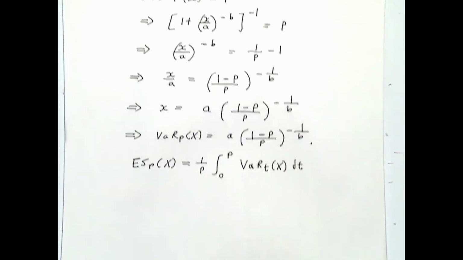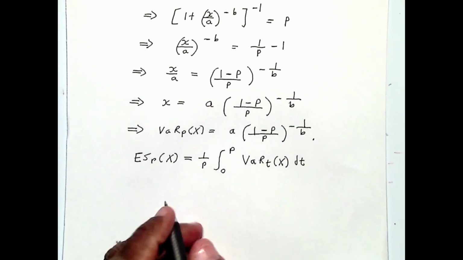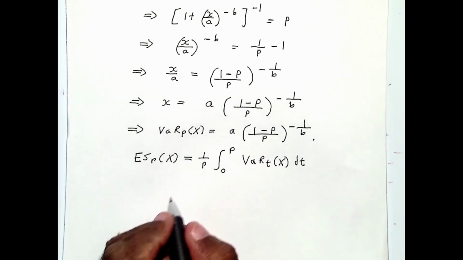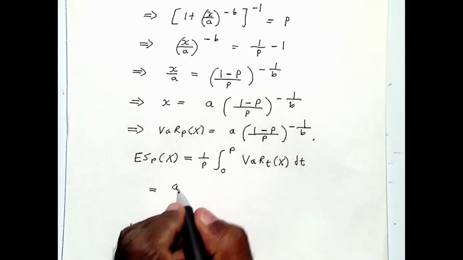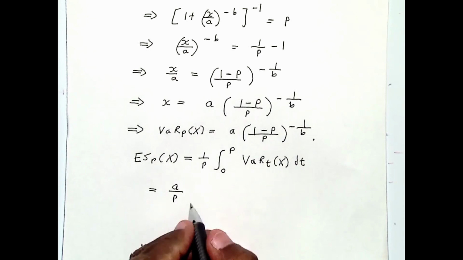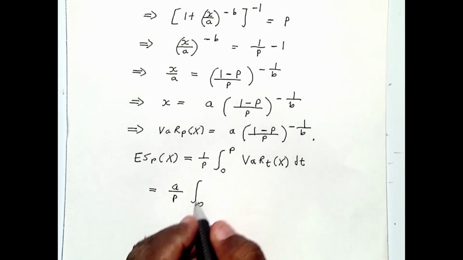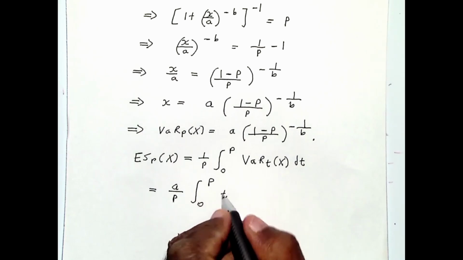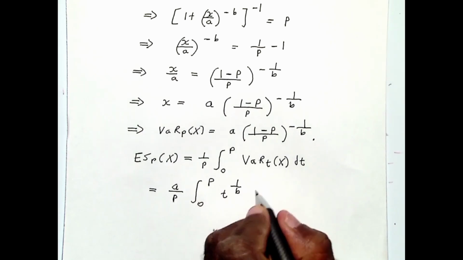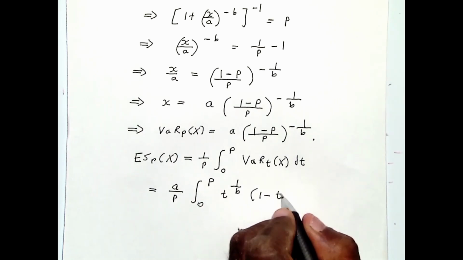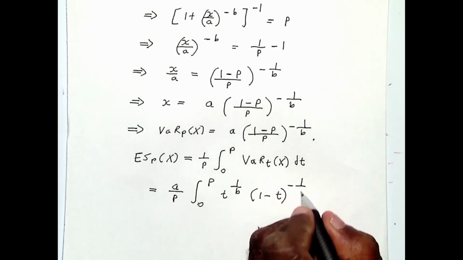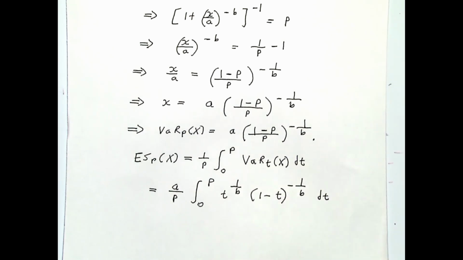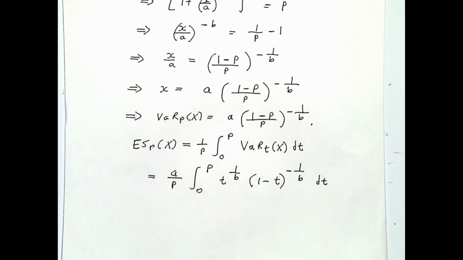Okay, so this, if you sub this here, you will get a divided by p times the integral from 0 to p of t. Okay. Now this kind of integral is a well-known integral in mathematics, right?